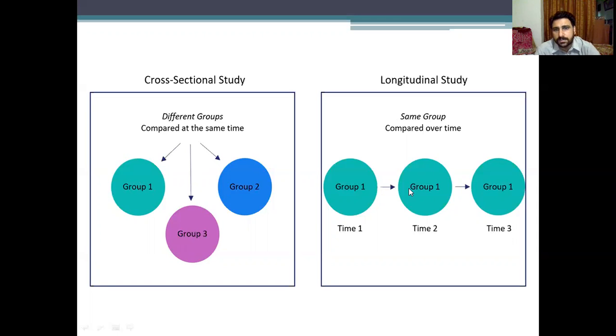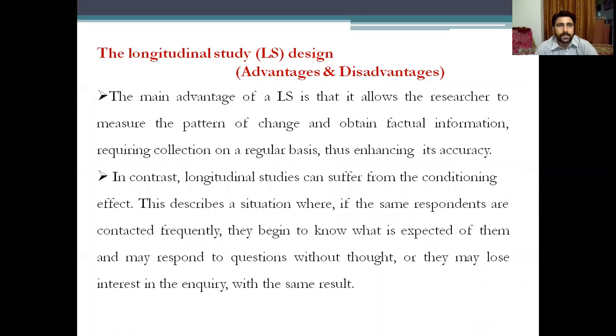Whereas a longitudinal study design is conducted in a way that you have only one study group, and you contact them time and again after a regular interval pre-decided by you. That can be 3, 4 times, 5 times or even 10 times, depending upon you. So the longitudinal study is a combination of cross-sectional studies.